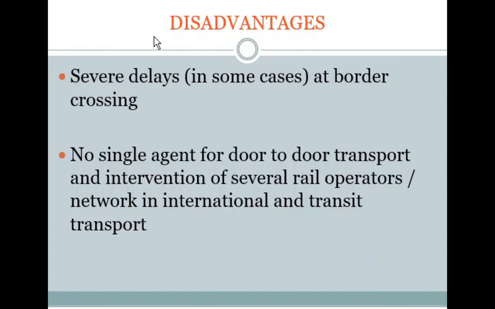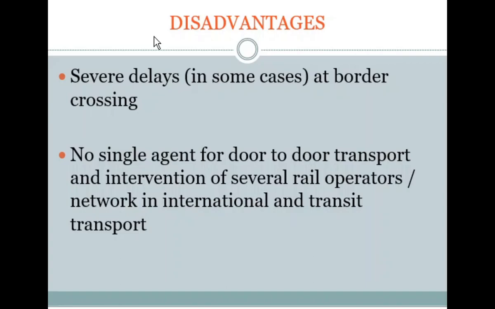In Europe, the rail franchises are given to different companies, and you find that there are different companies operating in a particular corridor or network. So it's sometimes difficult to have a through transport.